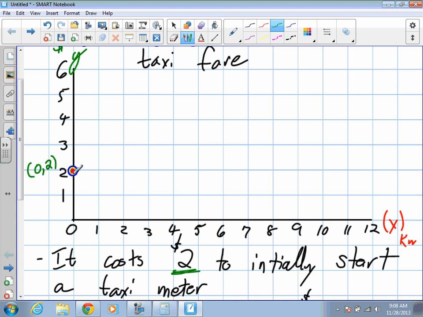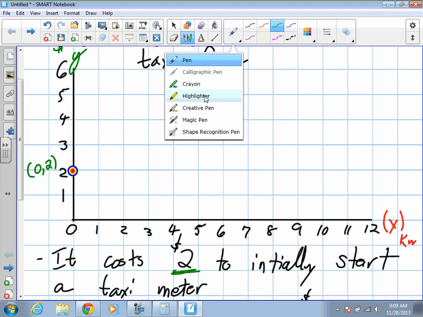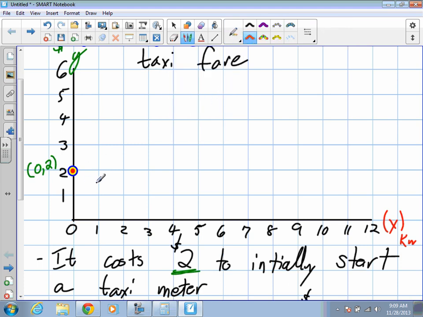Okay, so this is a partial variation. We're varying. We have an initial fee to start up. Okay? And then from there, it costs us 50 cents. So after I go a kilometer, how much do I then owe him? $2.50. Okay? And what if we go 2 kilometers? $3. And this pattern, is it the same all the way through? Yes.